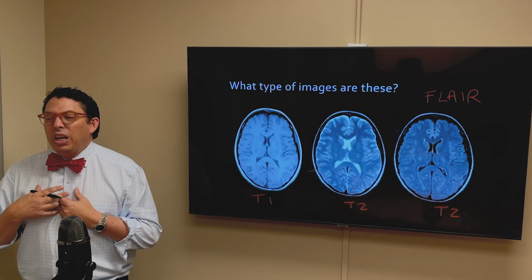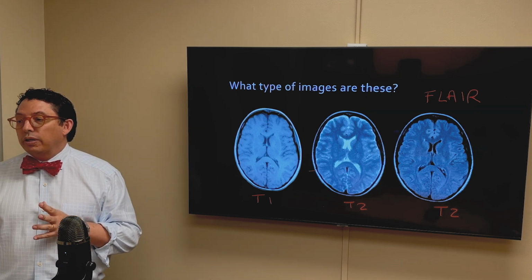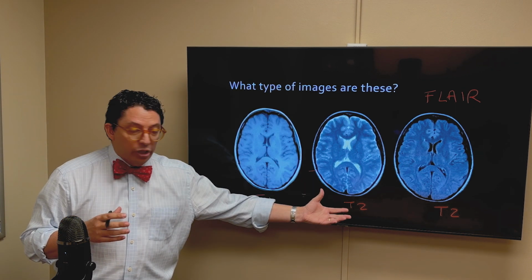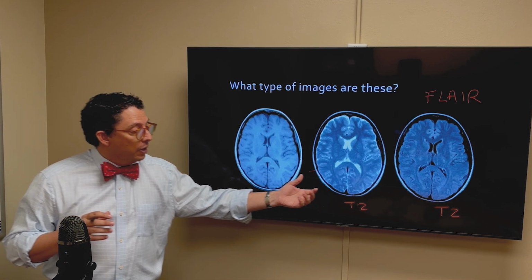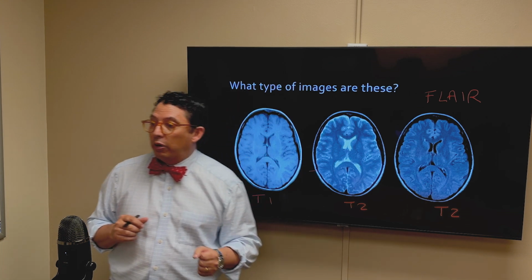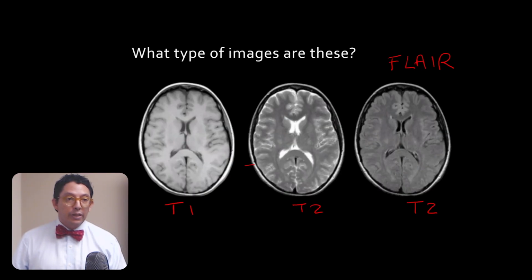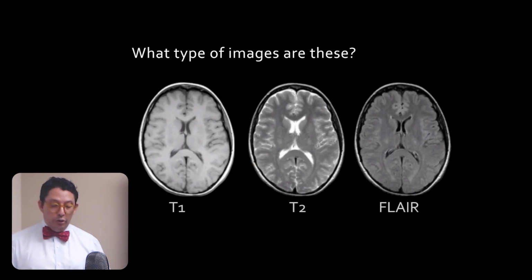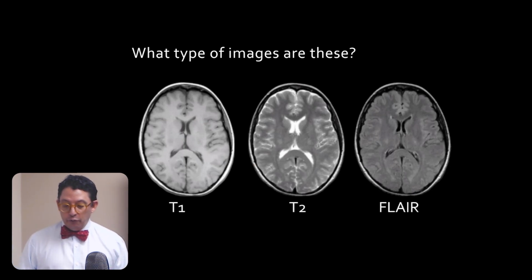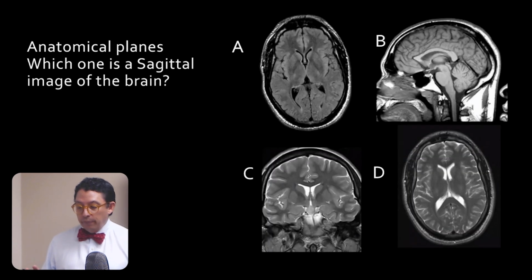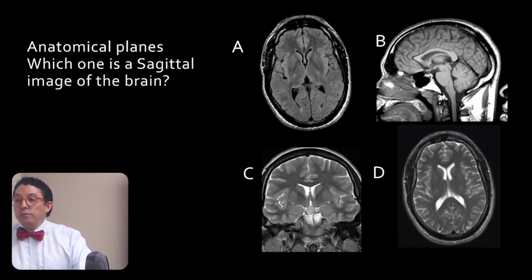So T2 is really important, both regular T2, we're going to call it regular for now, and T2 with inversion recovery of the fluid, which we call FLAIR. So now we should be able to differentiate CT from T1, T2, and FLAIR. And that is the core of how we do neuroimaging.